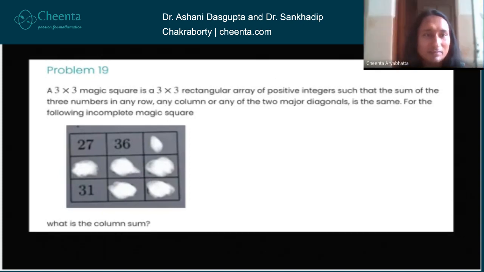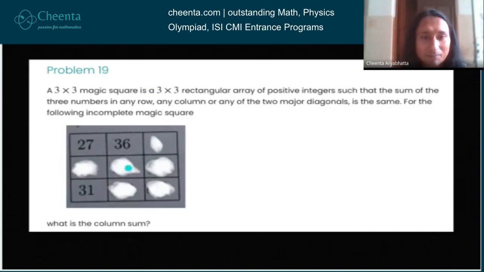So this is a very typical algebra problem, an equation solving problem. But instead of assuming one variable, if you assume two, then the calculation is greatly simplified. We are supposed to find the sum. It says the column sum, but the column sum is the same as the row sum and the diagonal sum.